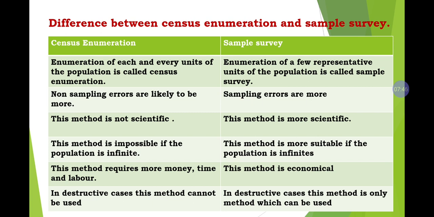But sampling can be used even in such cases; it is the only method that can be used. If I need information from one person and that person is not available, I can take it from another person. In sampling, the information can be provided by anyone for your data. So these are the differences between census enumeration and sampling survey.